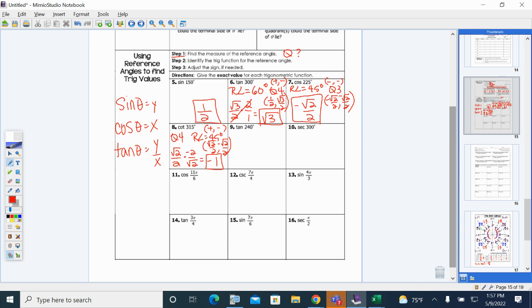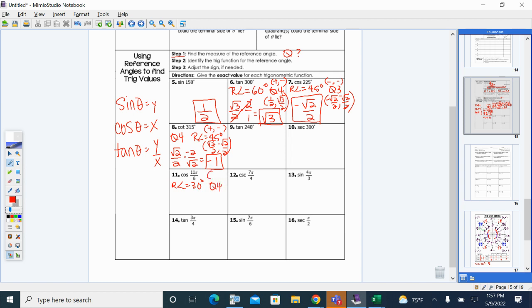If the denominator is a 6, then I know the reference angle is 30. Now, where is 11 pi over 6? What quadrant is it in? Well, 11 pi over 6 is almost 12 over 6, which would be 2 pi. So we're in quadrant 4.